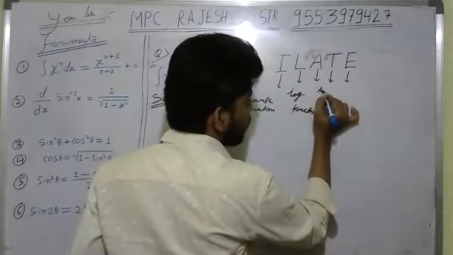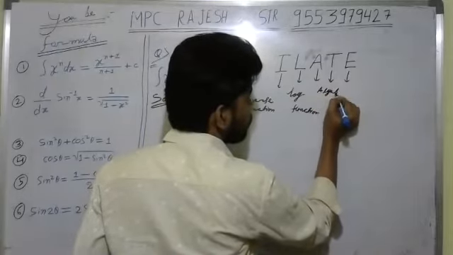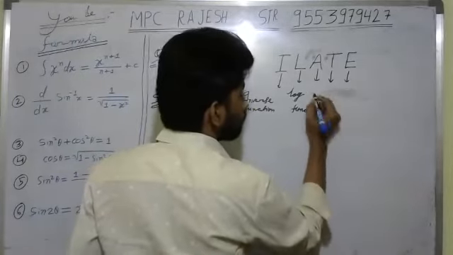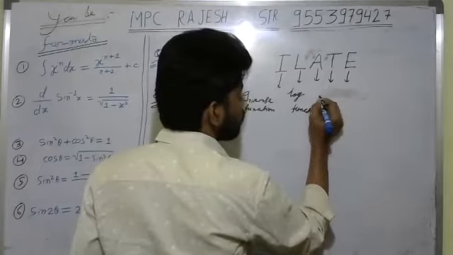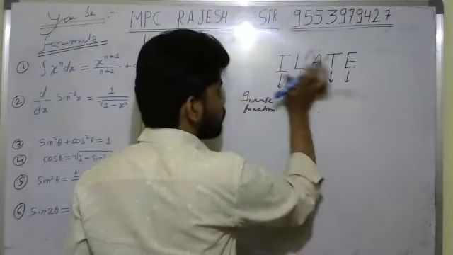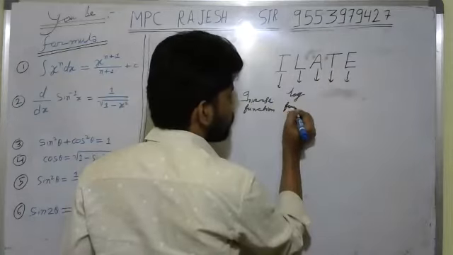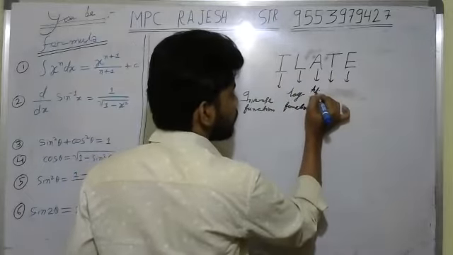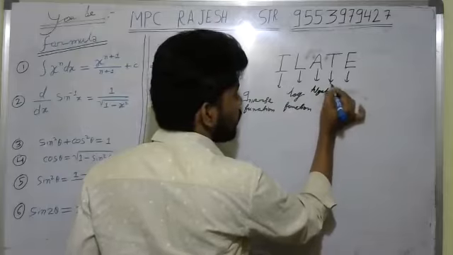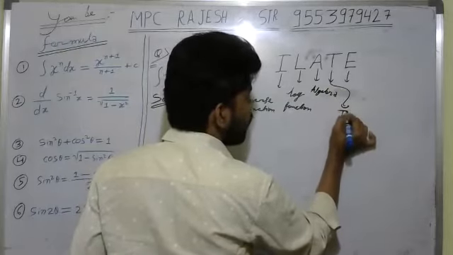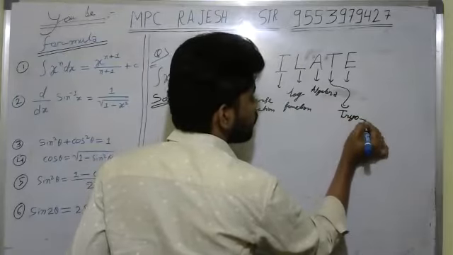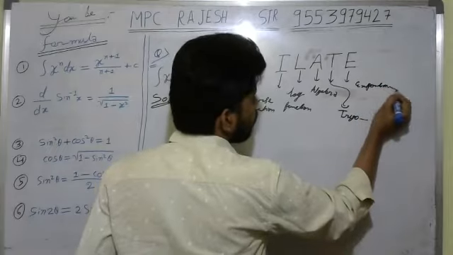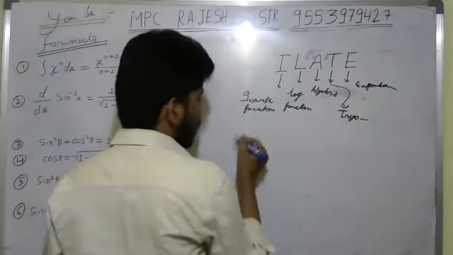A for algebraic function. This is your algebra. This is T for trigonometry. You can understand trigonometry. This is E for exponential.